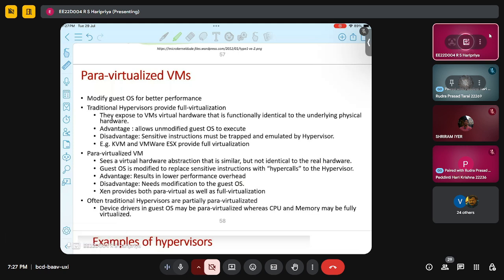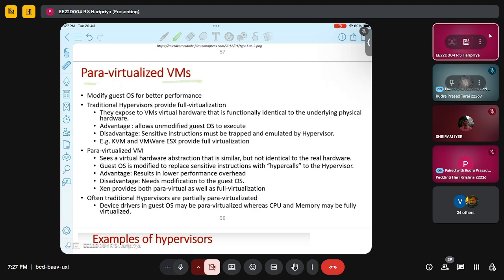And say if I don't want all the instructions to get emulated inside the hypervisor, rather I define one set of sensitive instructions which execute through hypercalls to the hypervisor. So now the hypervisor is no longer transparent.